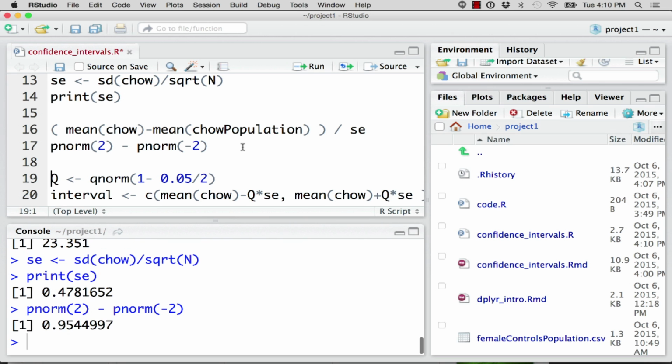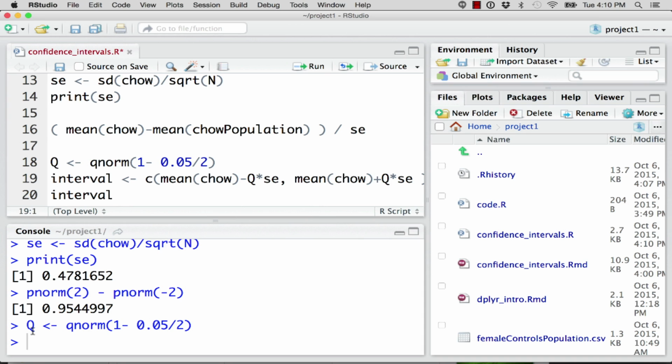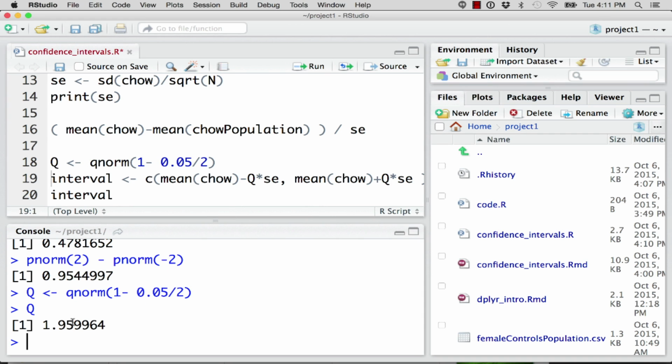So we know that that random variable, 95% of the time, will be between 2 and minus 2. We can be more precise than that, but for a quick computation we just put a 2 there. It's really like 1.95 that gives you exactly 95. So we know that this quantity is normal 0-1, and that tells us that if we create an interval with, here's the q, this is actually the number we want, it's 1.95.